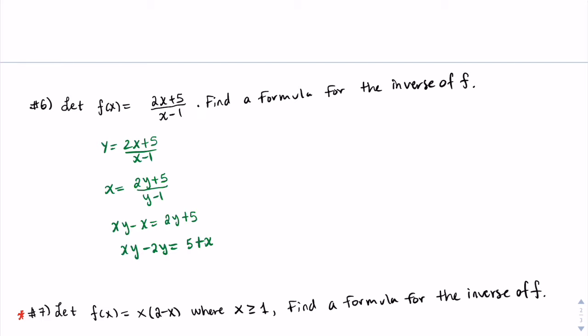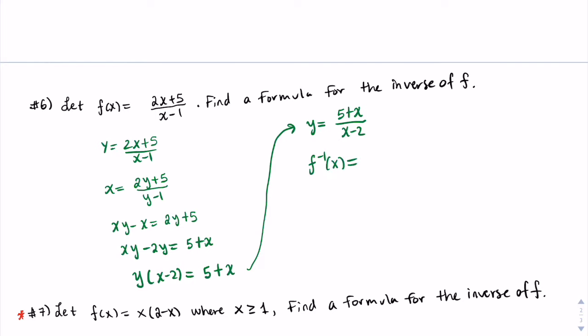And if I do that, I'll get this. And on the right side, I still have 5 plus x. And finally, when I solve for y, y is going to be (5 plus x) divided by (x minus 2). And that new y variable is what we're going to call the inverse function of f.